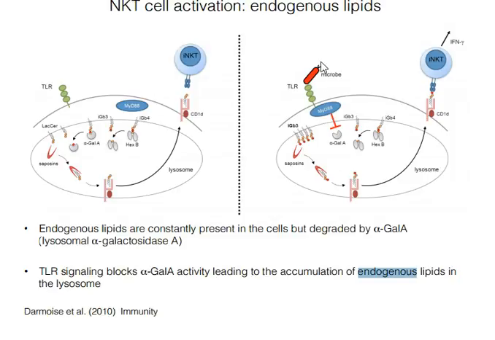But when there's a microbe present, it will bind to the TLR, and it will cause the deactivation of alpha-gal A, which will cause an accumulation of the endogenous lipids, which will then be presented to the NKT cell, and this influx of endogenous lipid will activate the iNKT cell, and it will start producing interferon gamma.